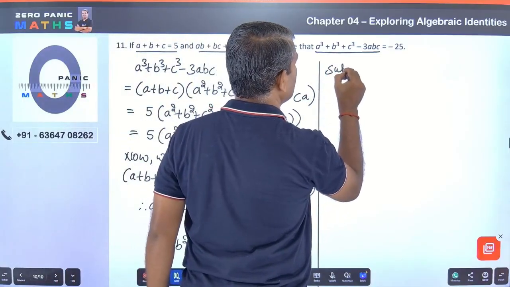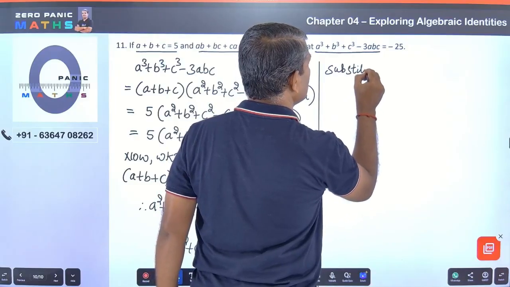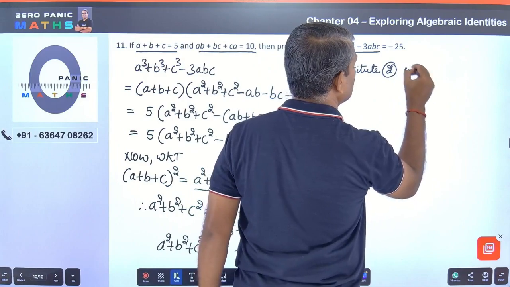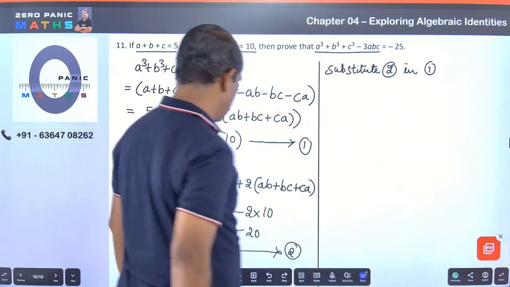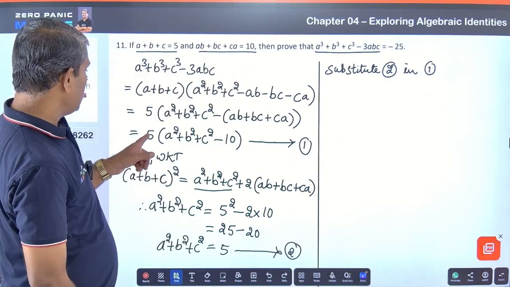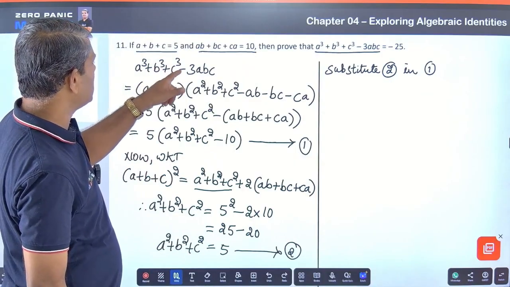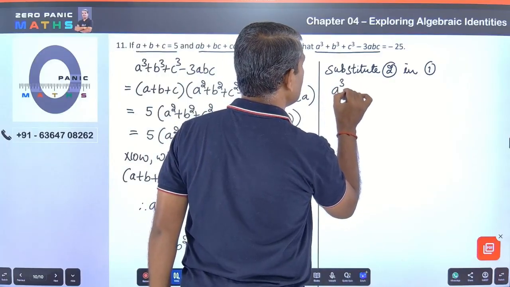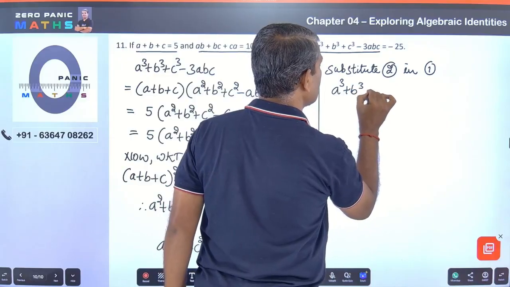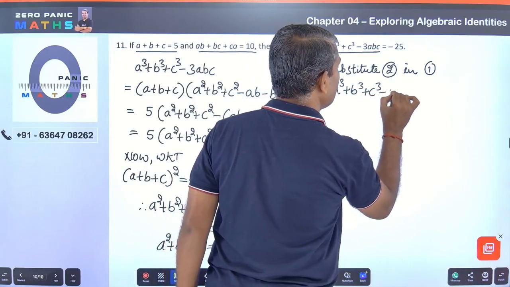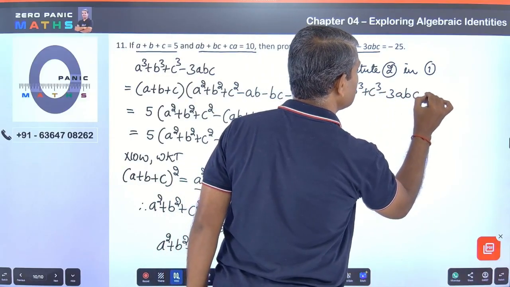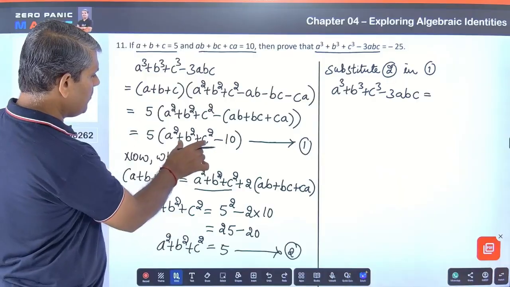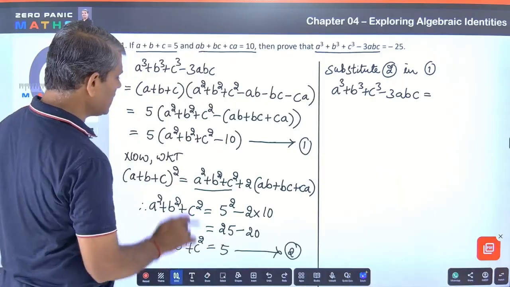Substitute equation 2 in equation 1. What I will get is a cube plus b cube plus c cube minus 3abc. That is what is required, right? a cube plus b cube plus c cube minus 3abc is equal to 5 times of a square plus b square plus c square, that is 5.